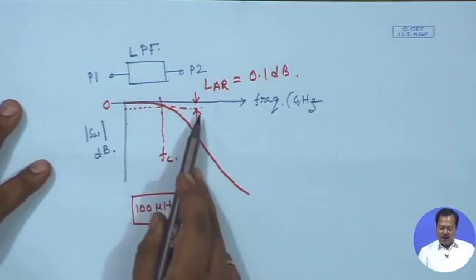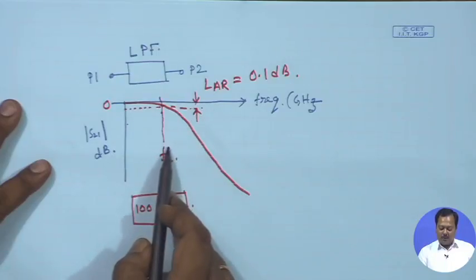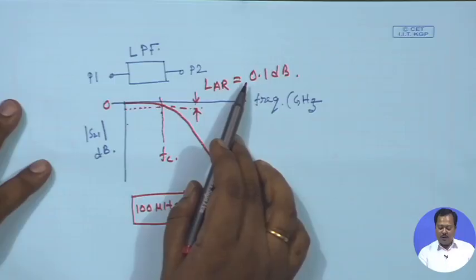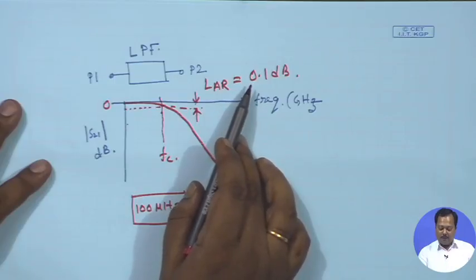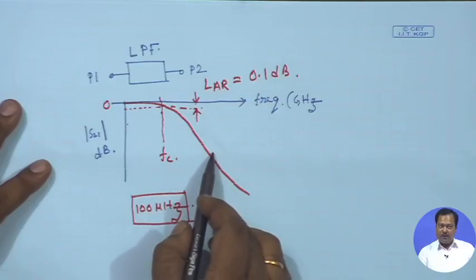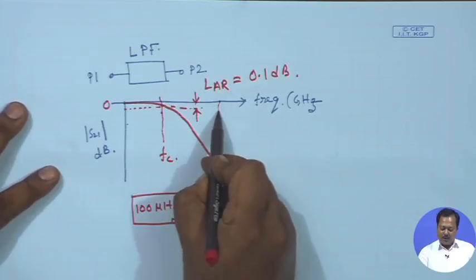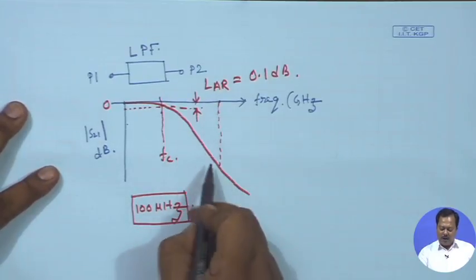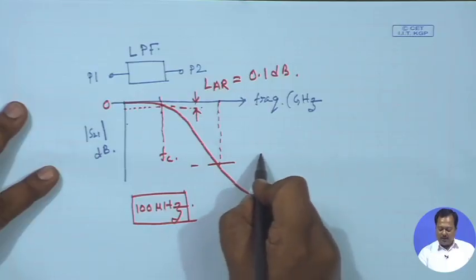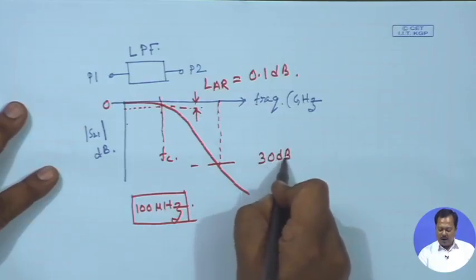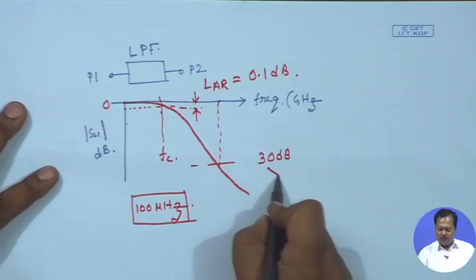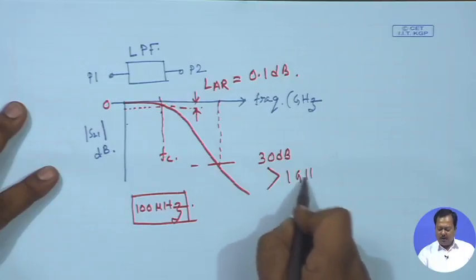So, when I define LAR for this cutoff frequency, it should be much lower. To have some specified attenuation at some given frequency, you can define one more cutoff frequency. Let us say for this application we need at least 30 dB attenuation above fc equal to 1 gigahertz.